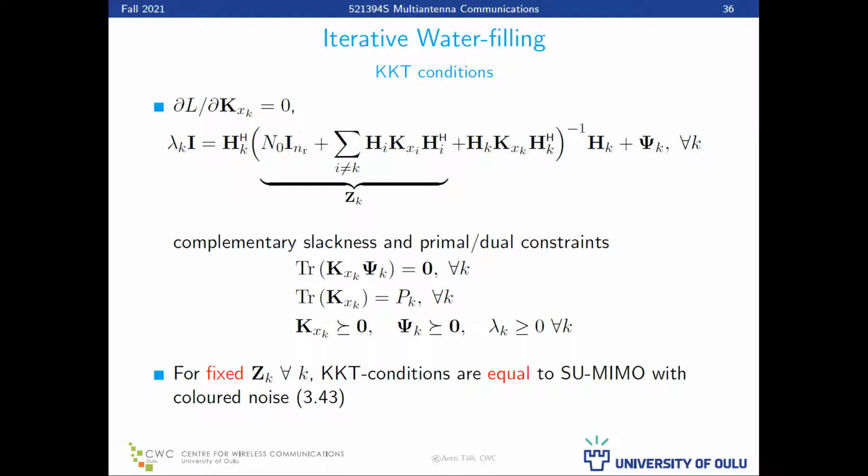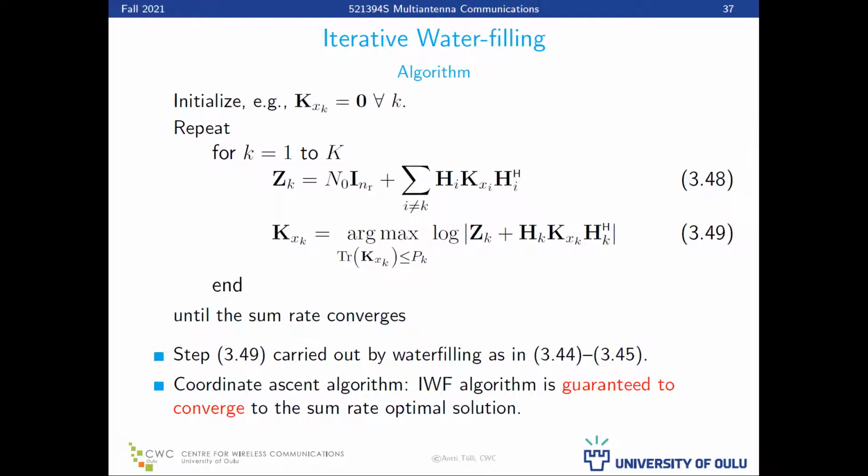And we start optimizing these transmit covariance matrices for each user one by one. Right? So you can start from the initial assumption that all transmit covariance matrices are 0. Okay, then you go to this iterative algorithm.